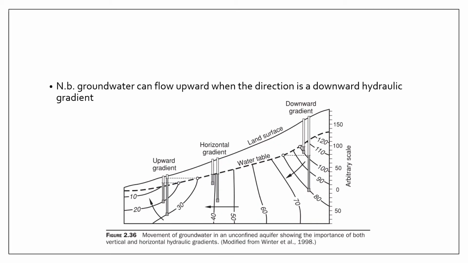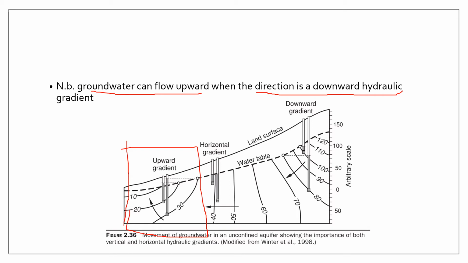So that's just the same statement here. Groundwater can flow upward as long as the direction involves a downward hydraulic gradient. That's quite confusing, but you can just look at this point.